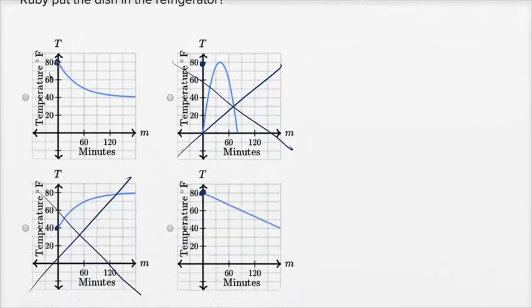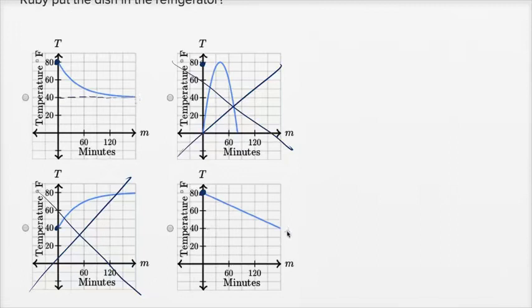Right when they put it in the refrigerator, it's at 80 degrees, and then its temperature declines quickly at first, but then the rate of decline slows as it approaches the temperature inside of the fridge, that 40 degrees. And that seems like what's happening. The slope starts out quite negative, but it becomes less and less negative as we get closer and closer to the 40 degrees Fahrenheit.